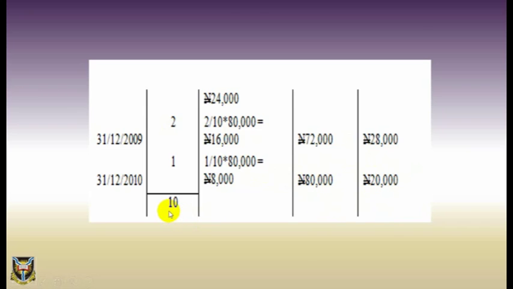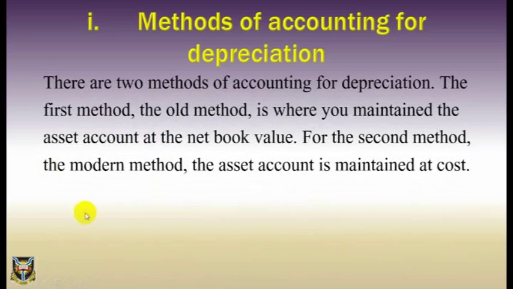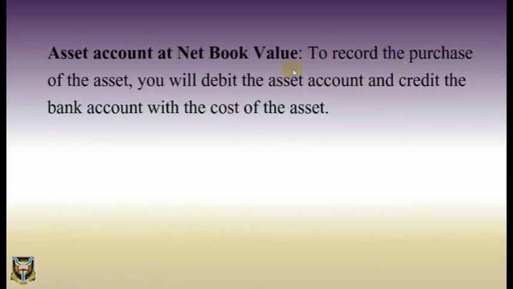1. Methods of accounting for depreciation. There are two methods of accounting for depreciation. The first method, the old method, is where you maintain the asset account at the net book value. For the second method, the modern method, the asset account is maintained at cost. Asset account at net book value: to record the purchase of the asset, you debit the asset account and credit the bank account with the cost of the asset.